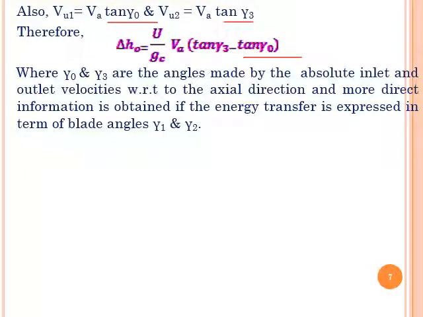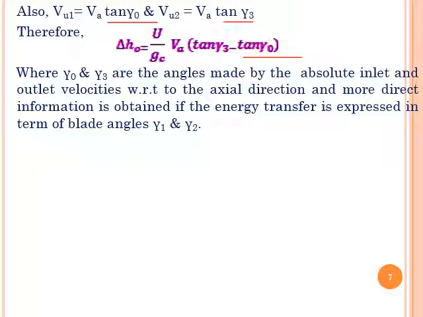The more direct information is obtained if energy transfer is expressed in terms of blade angles gamma 1 and gamma 2. So once again here gamma 1 and gamma 2 are termed as blade angles with respect to V, the relative velocity at inlet as well as the relative velocity at exit.